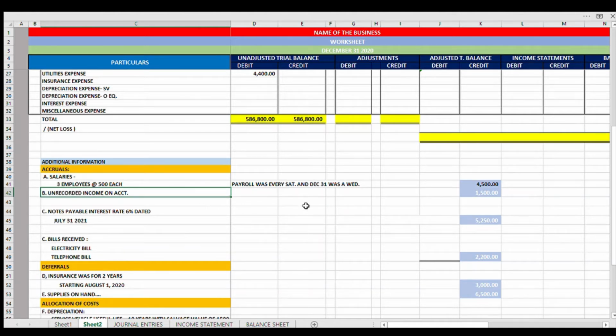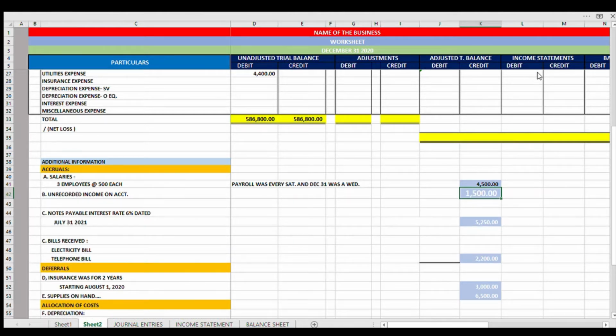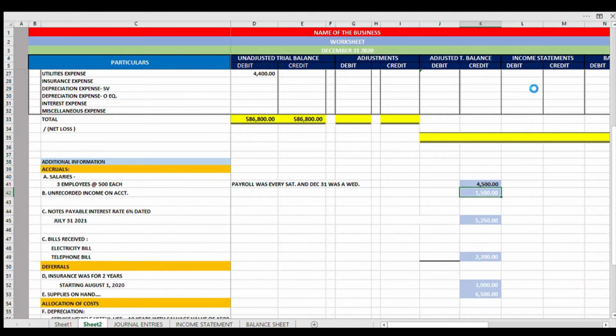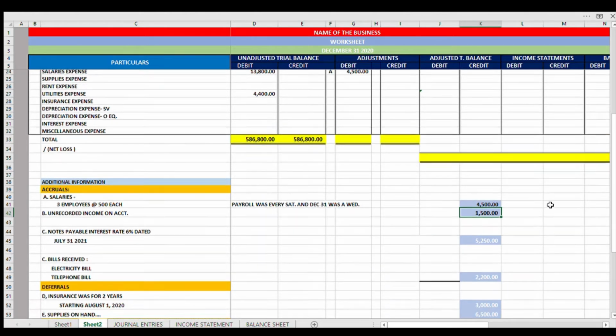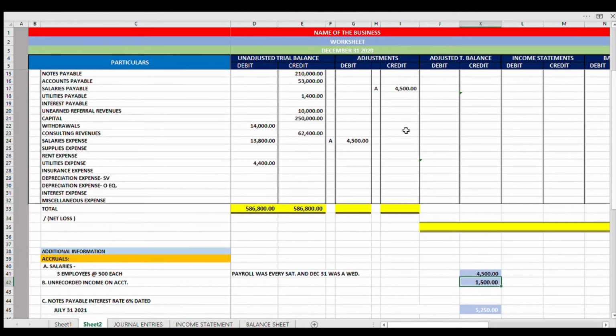Sabi sa information, merong unrecorded income on account. So it turned out to be 1,500. So let us record this or include this into the adjustments. Okay?